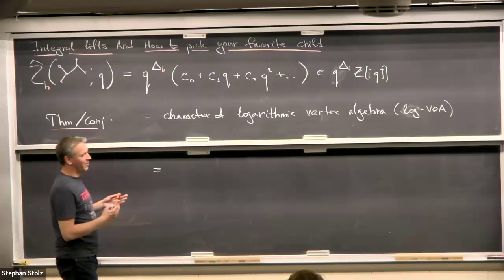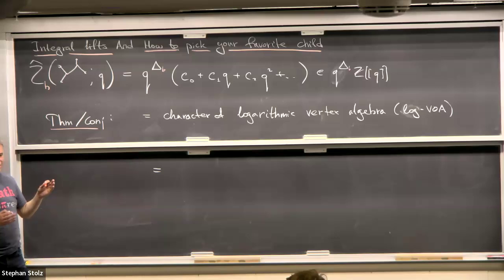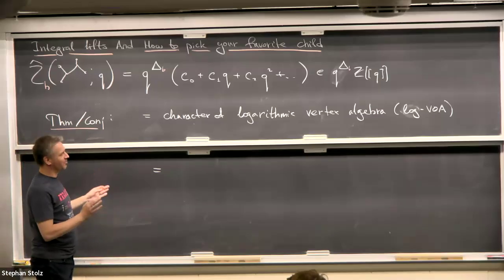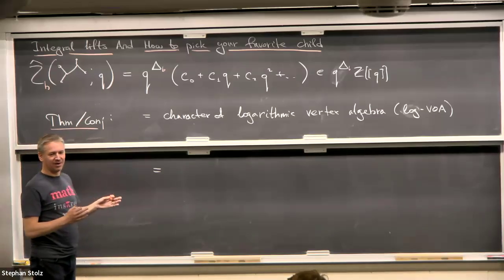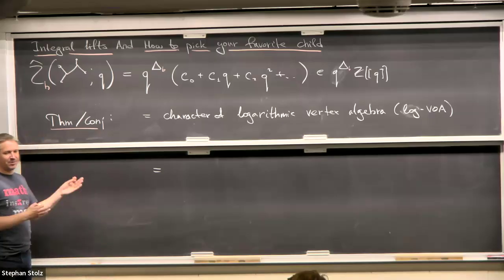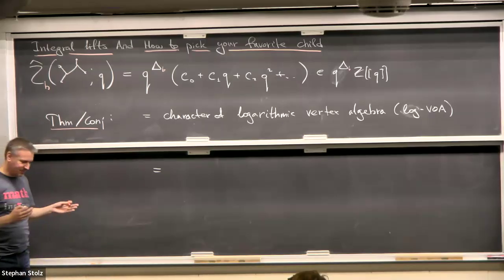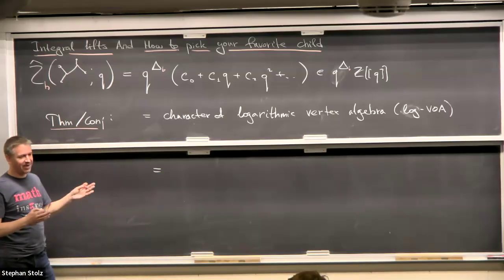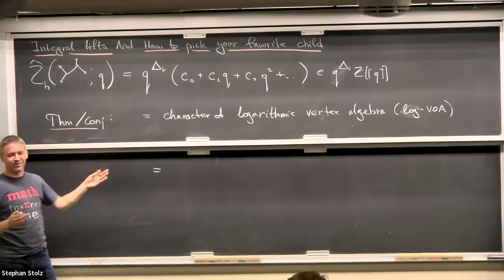So in practice, we all strive for this abstraction, and when we write papers, we try to be fancy and precise and abstract. But in practice, just a couple of weeks ago, actually, I was giving a lecture at the same place where Terry Gannon was giving lecture course on logarithmic VOAs.